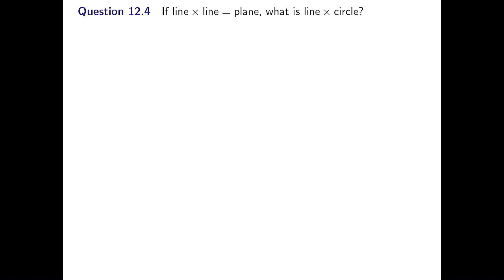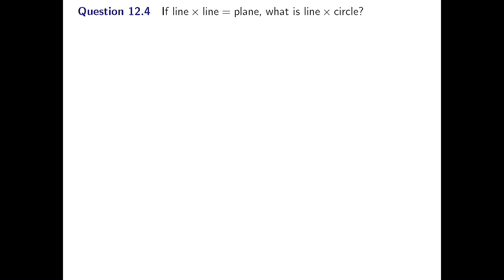Okay, so just to finish off, these are very vague questions, but to play around with the concept of Cartesian product a bit: we saw that if you took the whole real line and took a Cartesian product with the whole real line, you got the Cartesian plane. What would we get if we multiplied a potentially infinite line by a particular circle?